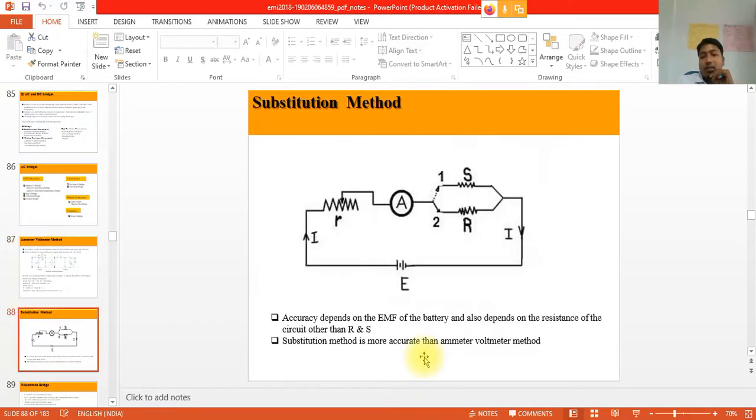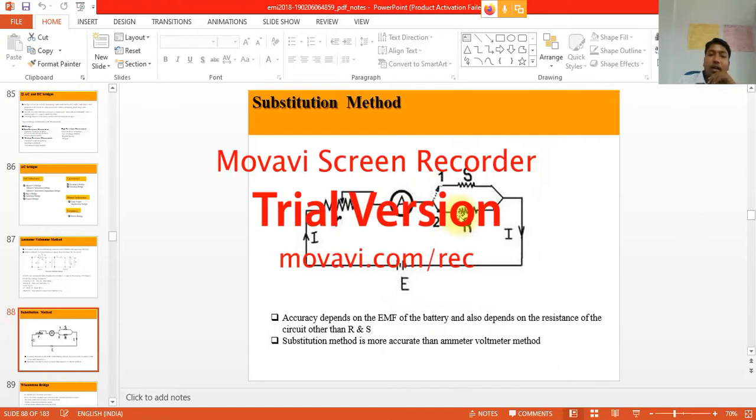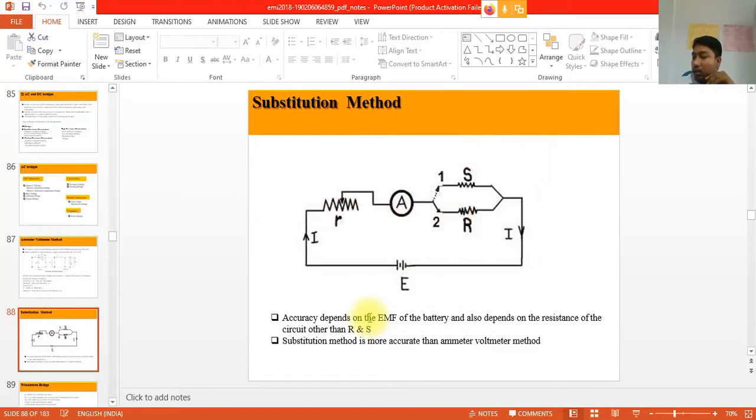Next is the substitution method. Generally, we substitute a value of resistance in place of another value.